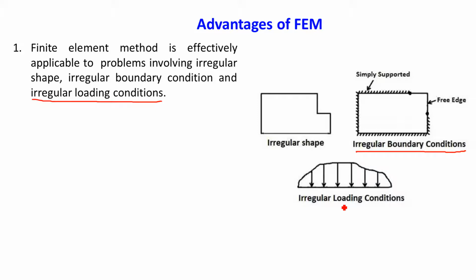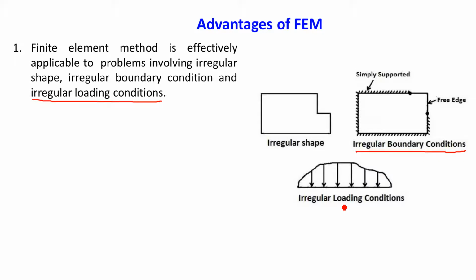And there are many different types of load combinations available. Especially, suppose you want to analyze an aerospace structure, aircraft or spacecraft. These are subjected to many different types of loads when they are flying in air or in space. If such irregular loadings are acting on the structure, that problem is very difficult to solve by conventional methods.